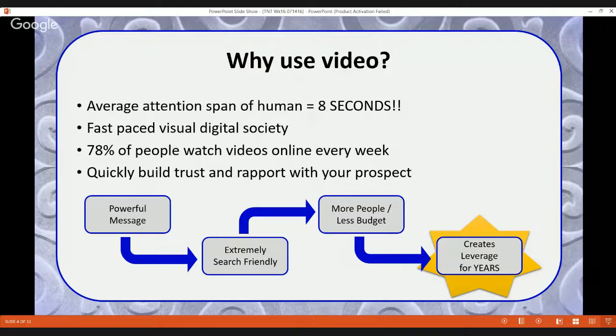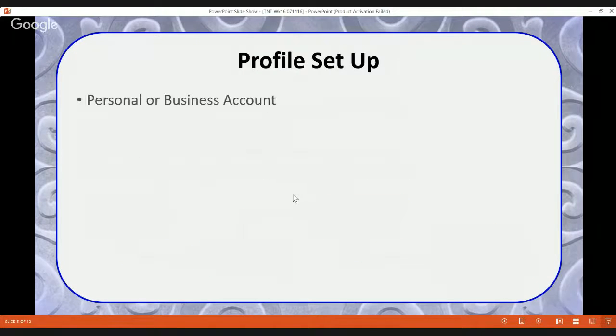Now that we know why it's good to use video, let's go into setting up your profile. Okay, you need to decide if you want to do a personal or business account. Me, myself, I did just my name. It is a business account for me, but I did set it up using my own personal name. And that's just because my website is under danacarpio.com.